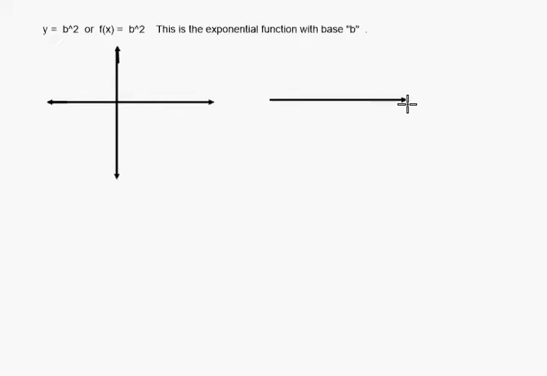Now, the graphs of an exponential function either are increasing or decreasing. And I'll show you what I mean by that. But the graphs will not be a straight line. They will have a curve to them.